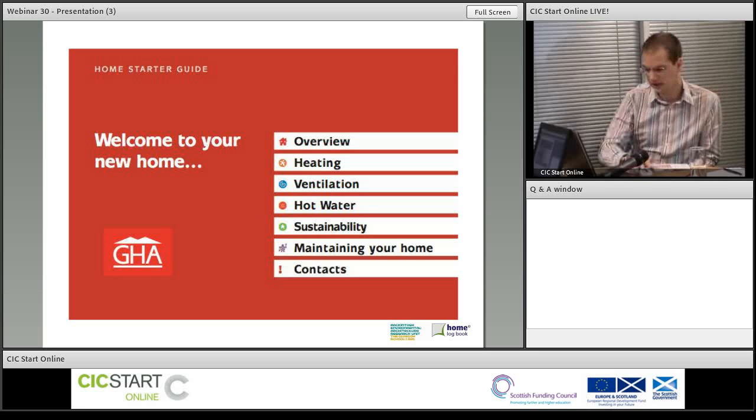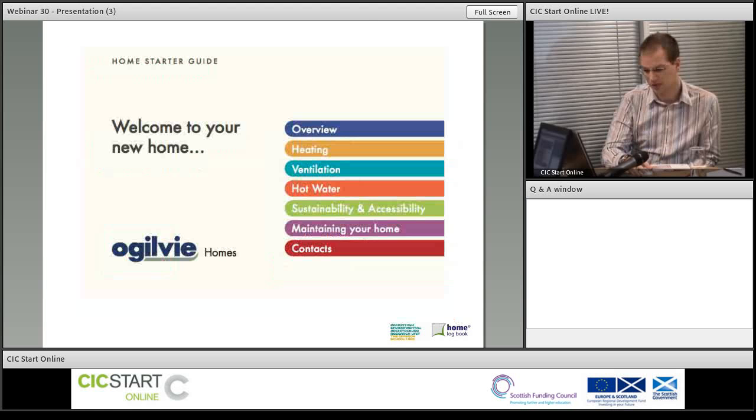Again, the maintaining your home in the GHA one has got a very particular view, because the GHA obviously factor and look after their own homes. So it's a different level of information. And the contacts information in this section was very important, so that people always had this contact information to hand, so they could phone the GHA at any point.